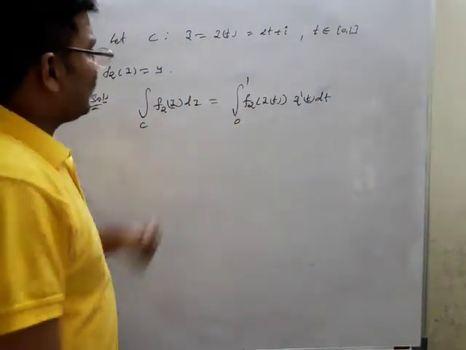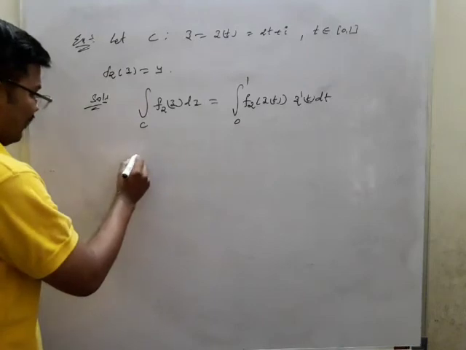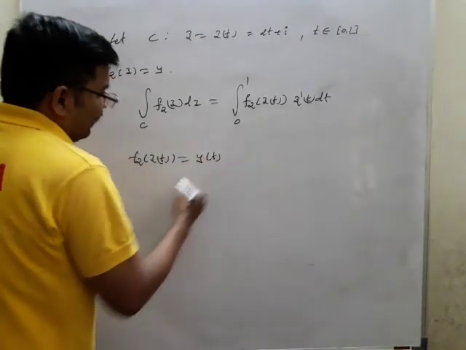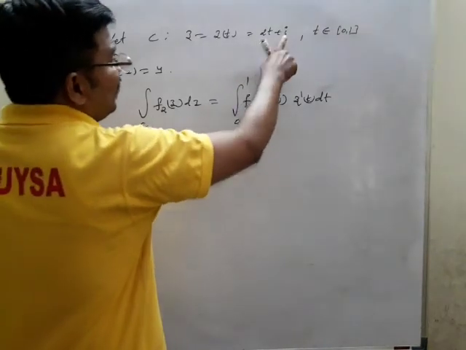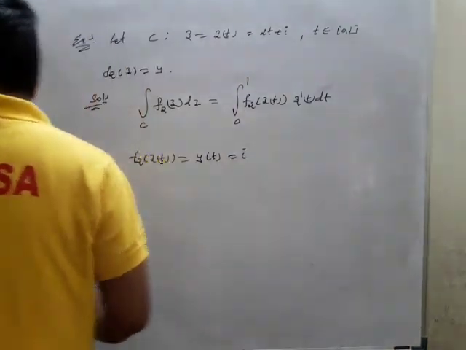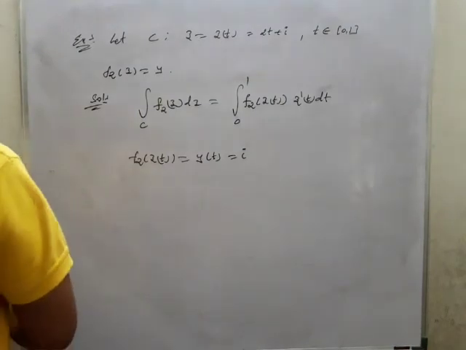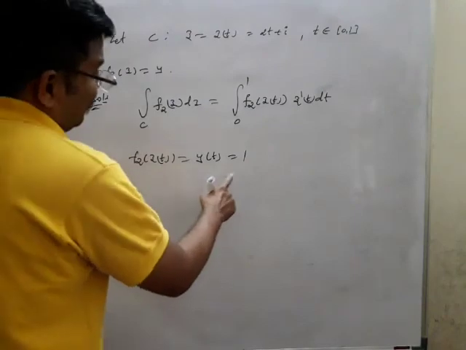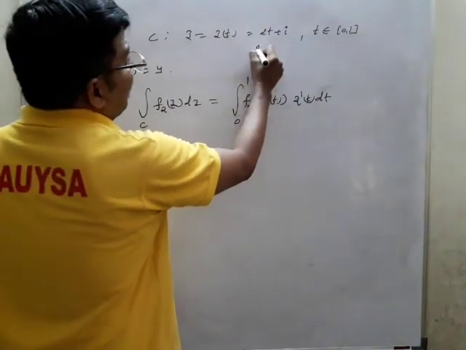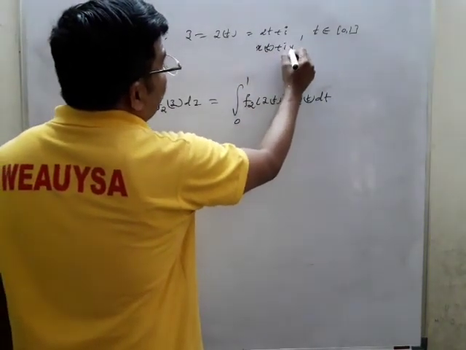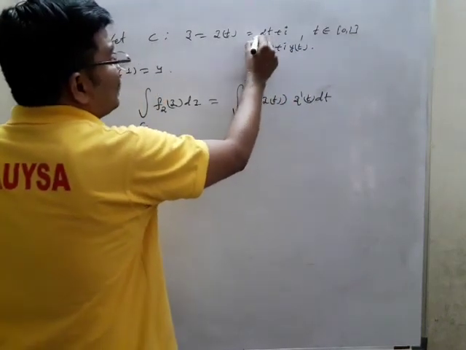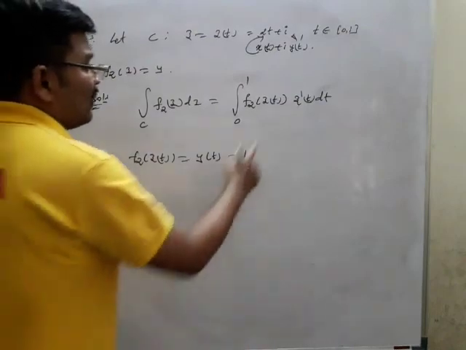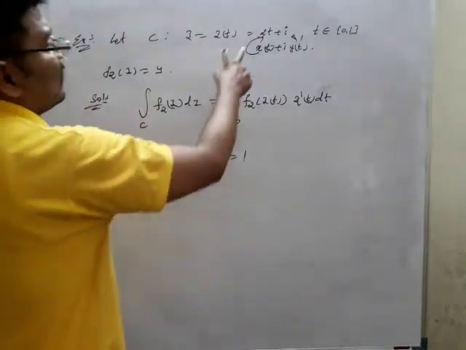What is f2 of z of t? It is nothing but y of t. But what is y of t? Comparing with x of t plus i into y of t, x of t is nothing but 2t, and y of t, the coefficient of i, is nothing but 1. z dash of t you know already, it is nothing but 2.